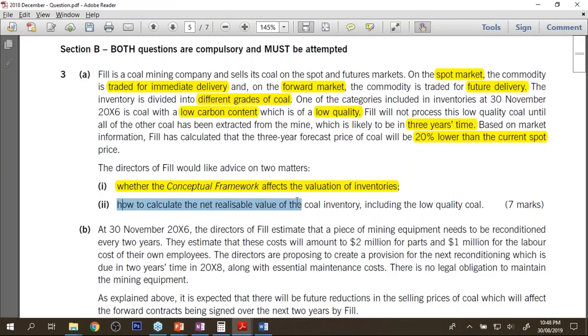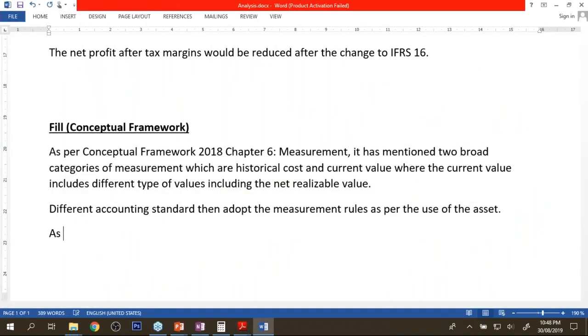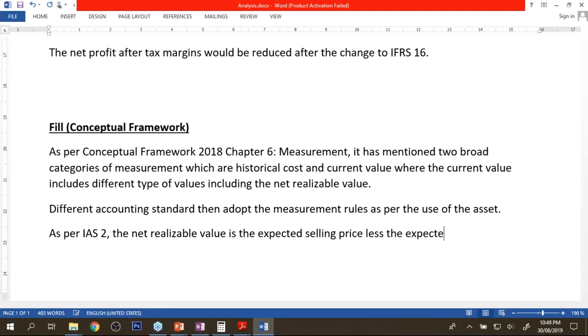Then it says how to calculate the net realizable value of coal, including the low quality coal. So we are going to say that as per IAS 2, the net realizable value is the expected selling price less the expected cost to complete less the expected cost to sell.